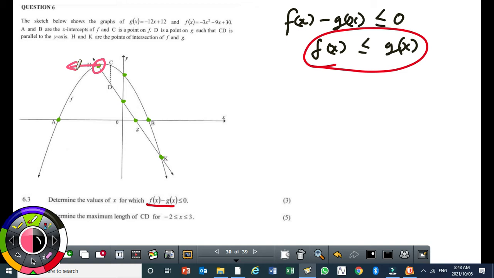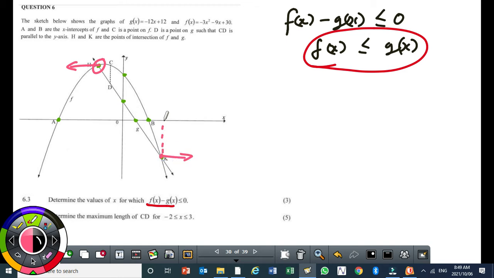The quadratic. Then to the right, the quadratic is above the linear, until they intersect here. Then from this point, going that way, the linear is now above the quadratic. So another answer is going to be from that point.